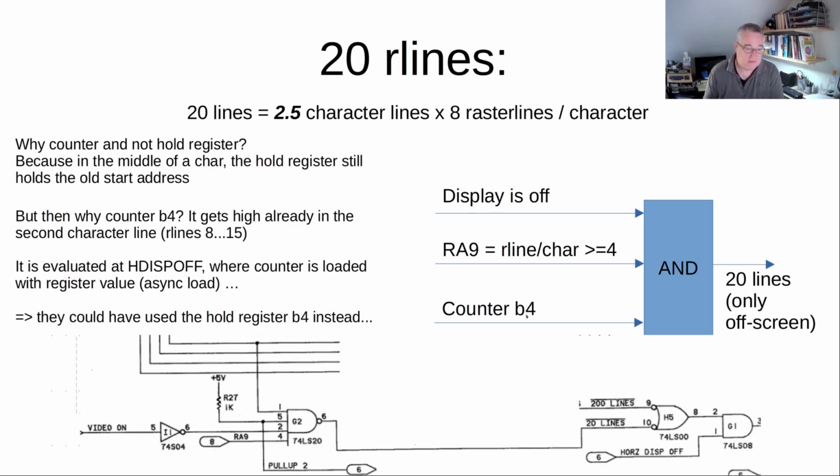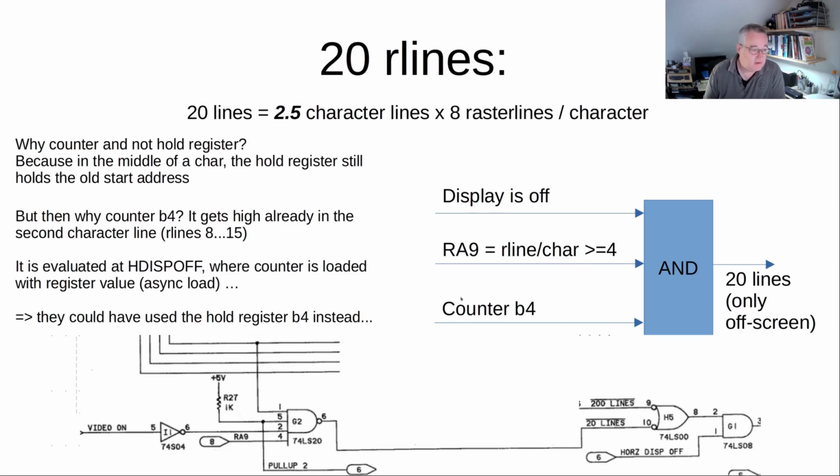And we have the counter before. And when you know 20 lines only off, then it's only off screen here. So what's interesting is they are using the counter bit 4 and not the hold register bit 4.